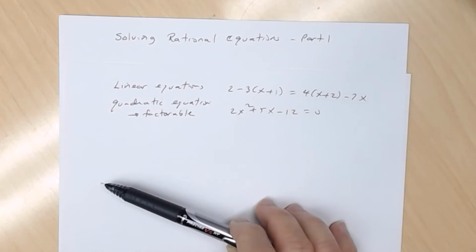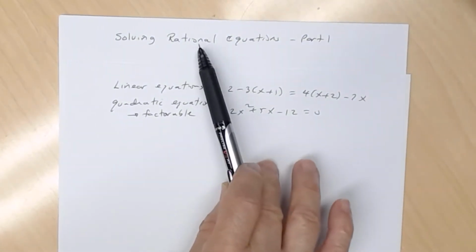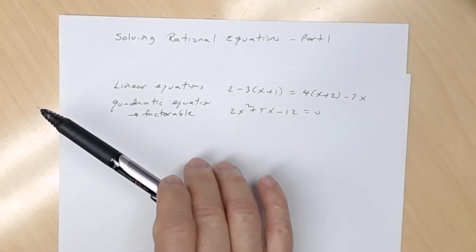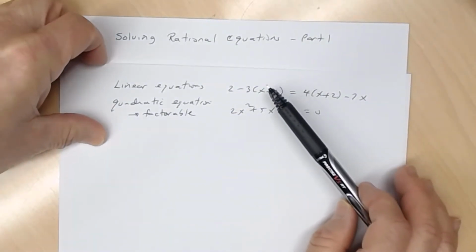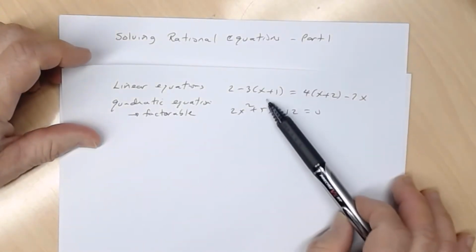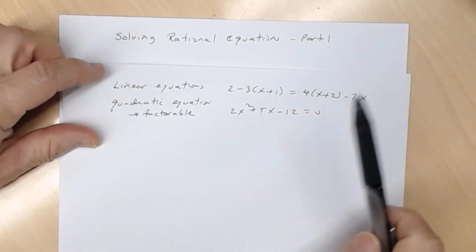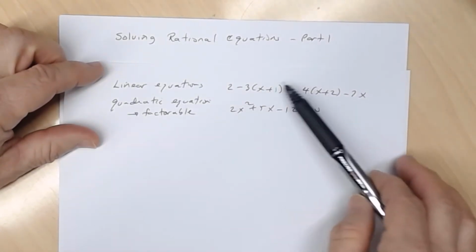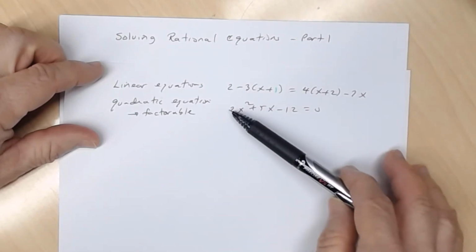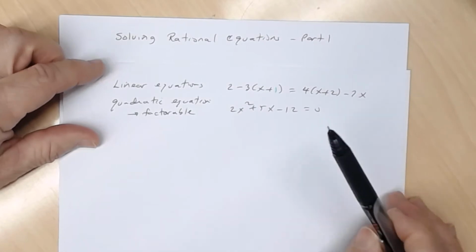So those are two important prerequisites for part 1. You should have mastered these by now, but if you still have a little bit of issues, hopefully as we go through part 1, the concept of solving a linear equation and a quadratic equation by factoring will be a little bit better for you.